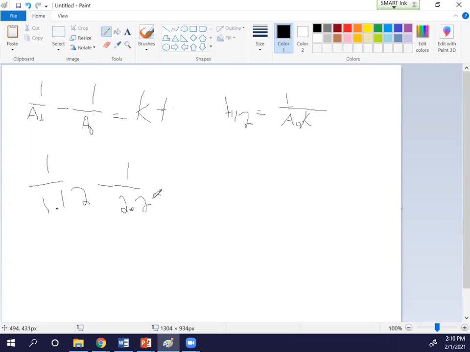Equals, what is my k? Would your k be the slope? Yes. k would be the slope, so 2.40 times 10 to the negative 21 times t.